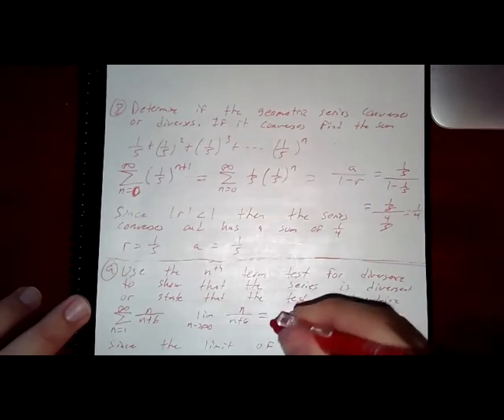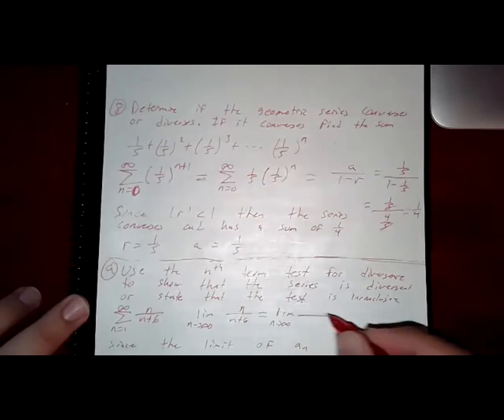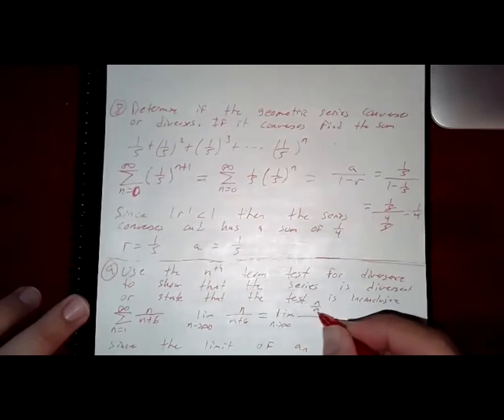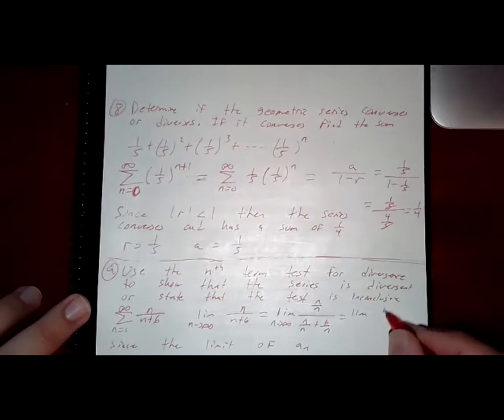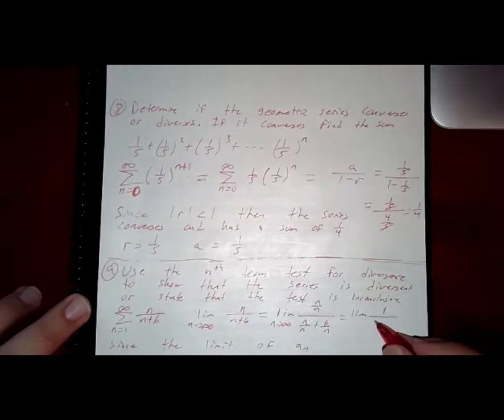Is this limit equal to 1? Yeah, it equals 1. Why? Can you explain very quickly? Is it because infinity over infinity plus 6 means infinity over infinity equals 1? Let's show the steps. You divide every single term by the highest power, leaving you 1 over 1 plus 6 over n.